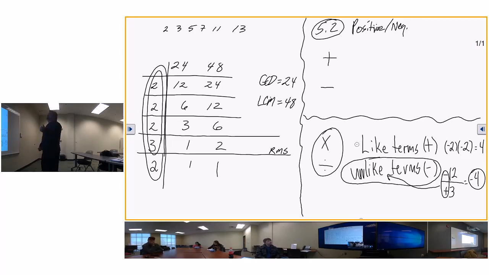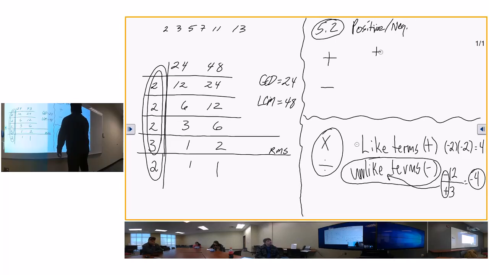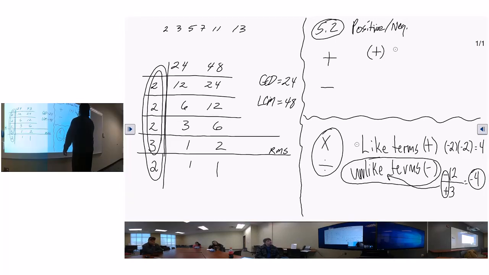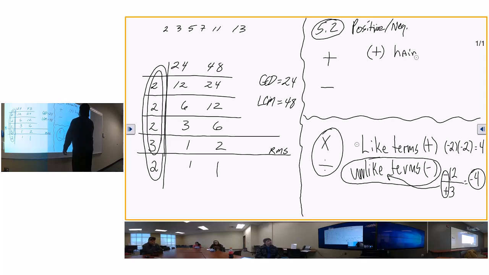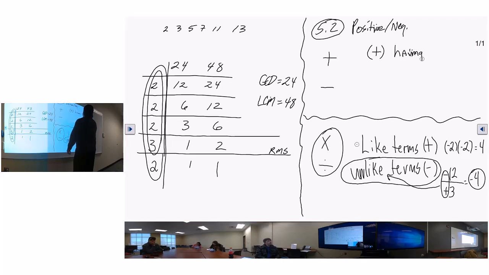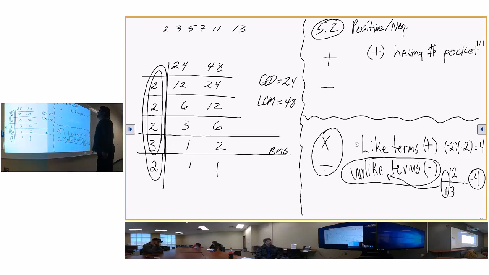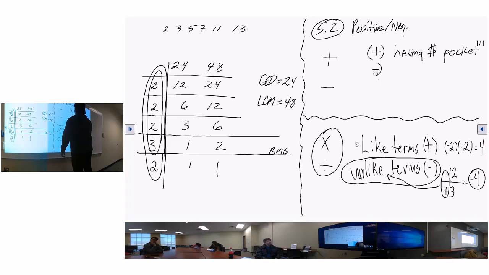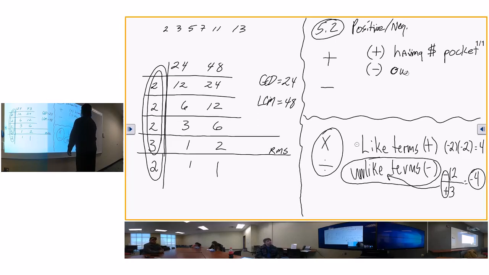What I tell students on addition and subtraction is think of a positive as having money in your pocket. Think of negative as what? Owing. I don't know how to spell owing.